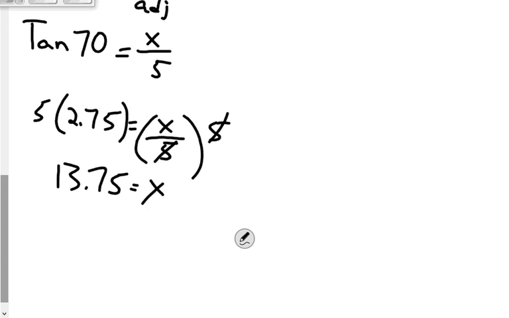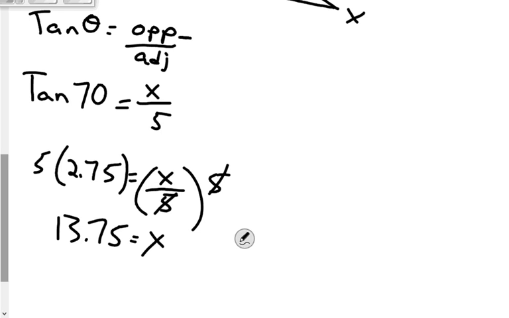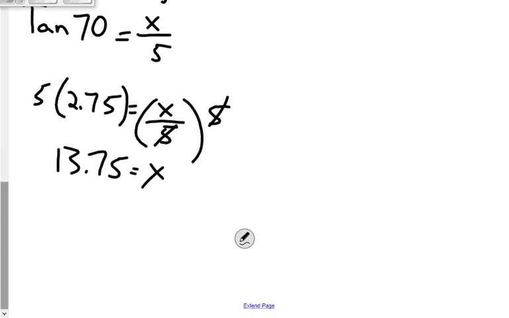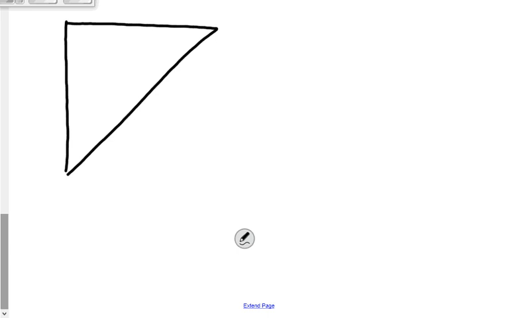All right, so that's how we find the opposite side. Okay? Truth bomb, finding opposite is easier than adjacent, but it's all pretty much the same. Okay? So let's do the next example here. I got this triangle. XVW.